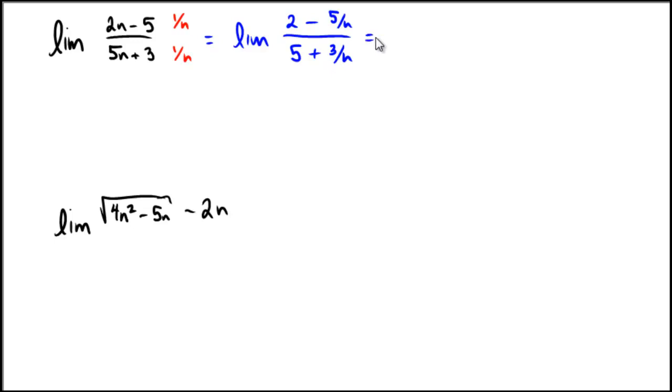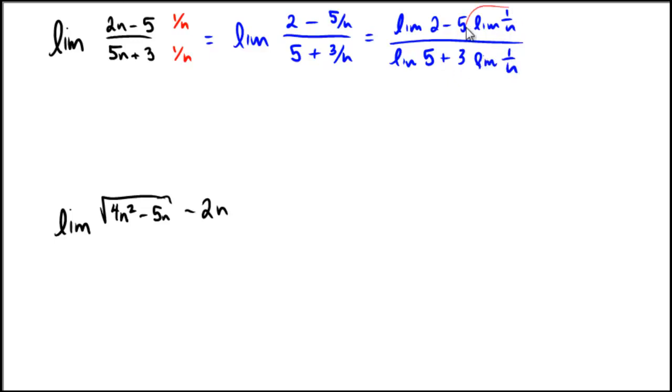Next, we did prove that limits move nicely through addition, subtraction, multiplication by constants, things like that. So we can say the limit of 2 minus 5 times the limit of 1 over n, over the limit of 5 plus 3 times the limit of 1 over n.